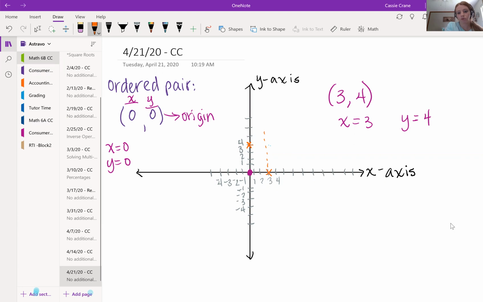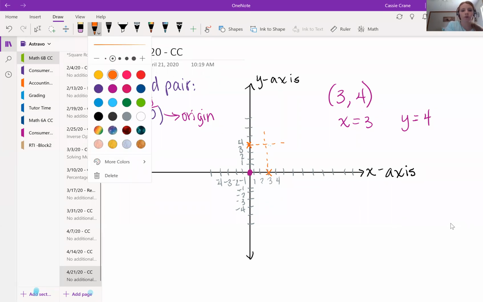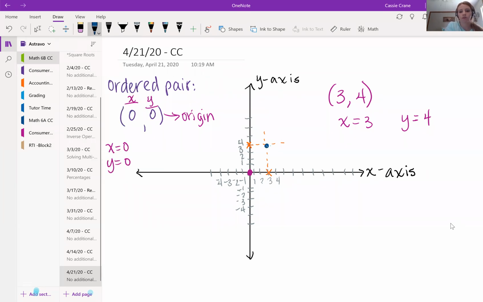And my y equals 4 was here, so I could do another dashed line across. And the point is going to go where they intersect. So 3, 4 is this point here. Does that make sense?